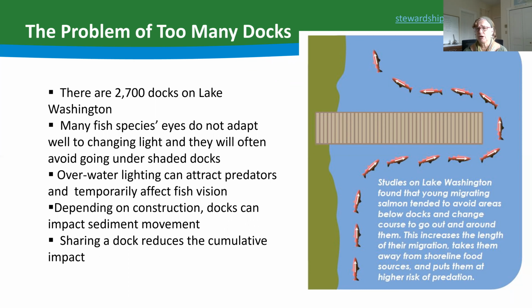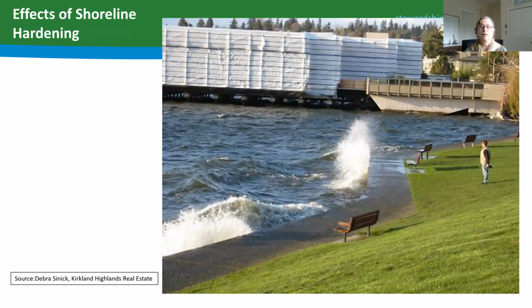So docks are something where we really need to increase our best practices, and there are ways to mitigate the impacts of docks. And Green Shores offers some of those ways. Finally, in terms of the effects of shoreline hardening, I think a lot of times people think of hardened shores for a marine coast, but really it happens a lot along lake environments as well.